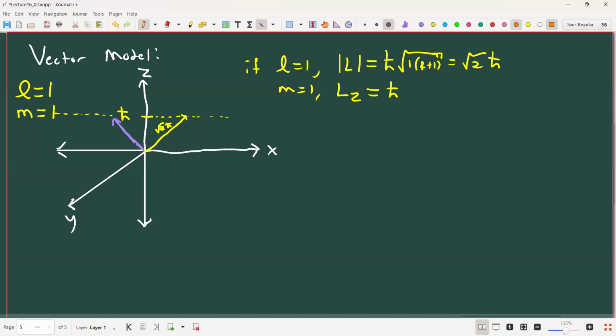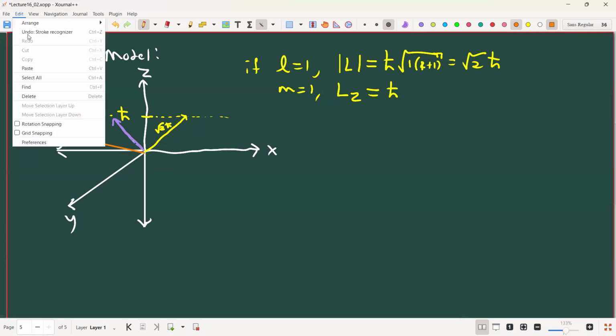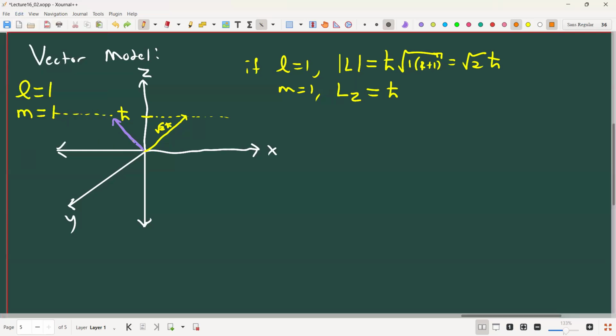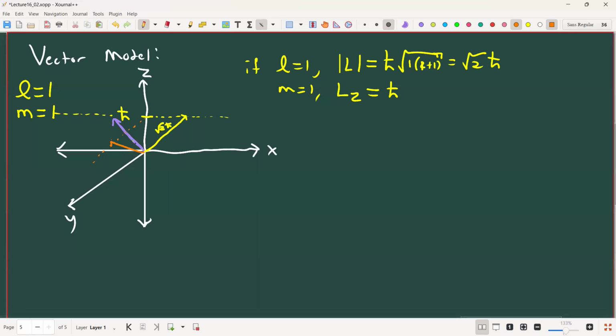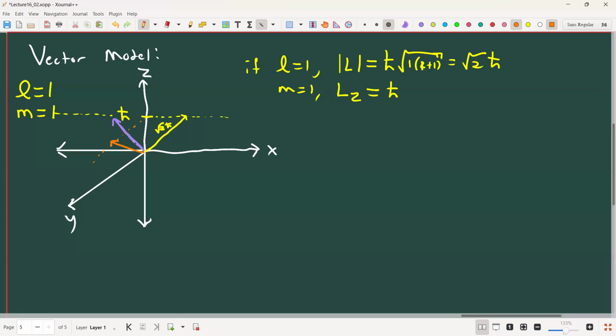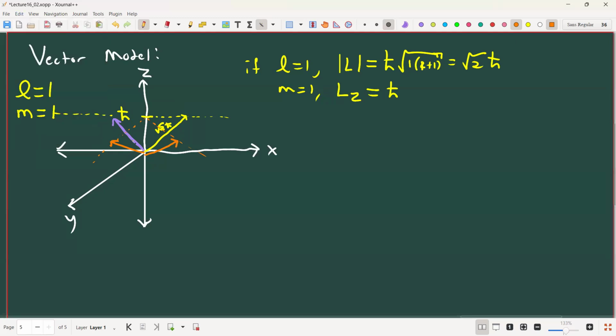Or I could draw one sticking out towards the y-axis. It's got to go up to this h bar here, so I need a parallel line for h bar. I could have one that's sticking out like this, or one sticking out towards the z-axis like this. There are all sorts of different choices that I can have.